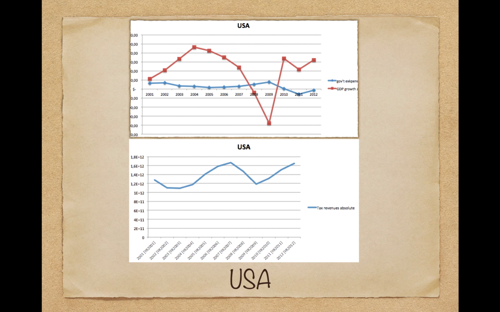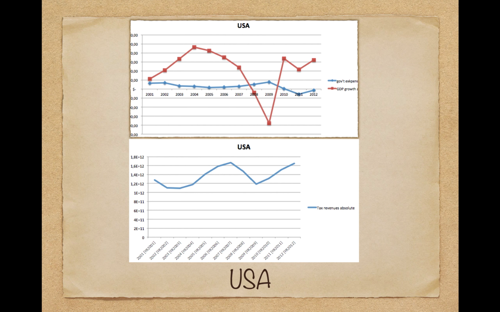In the same way, here we have a graph from the US. In the graph above, we can see both in blue the government expenditure and in red the GDP growth in percentage values. Here we can see again that there is a big difference and a lapse of time in which the multiplier effect of Keynes doesn't apply, that is during the crisis between 2007 and 2010.